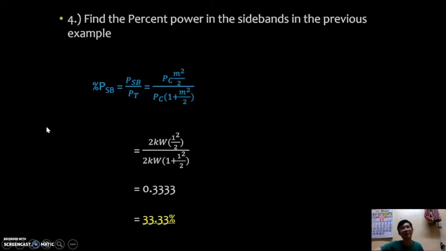So percent P sub SB is equal to P sub SB over P sub T, which is equal to P sub C M squared over 2 all over P sub C times 1 plus M squared over 2. So substitute accordingly. P sub C is still 2 kilowatts. Modulation index is 1. And we get the final answer, 33.33%.